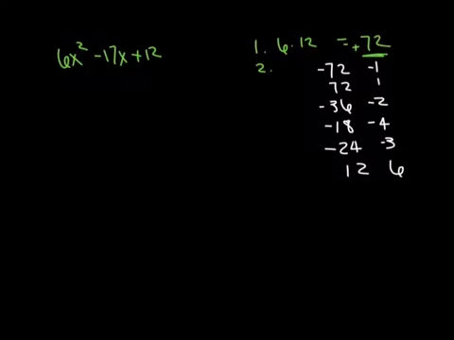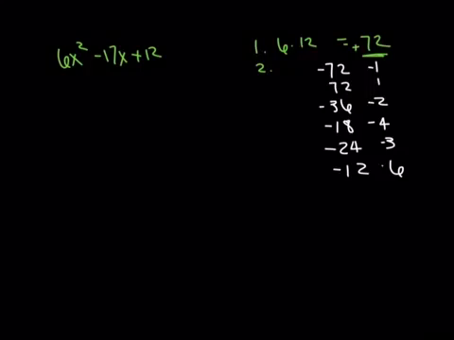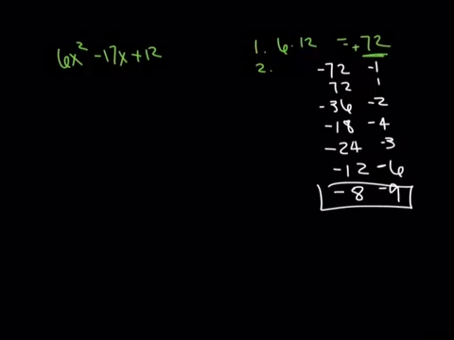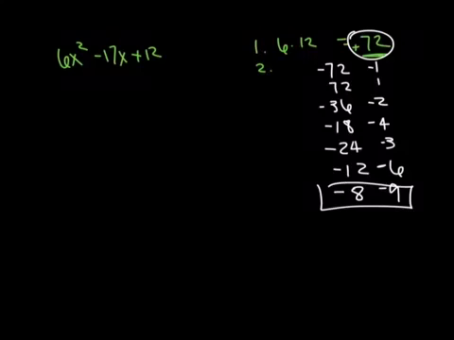Those multiply together to give me 72, but not 17. Let's see, 8 times 9. Whoa. 8 times 9 is 72, and 8 plus 9 is 17, so that works.